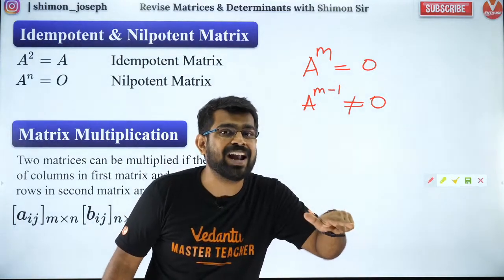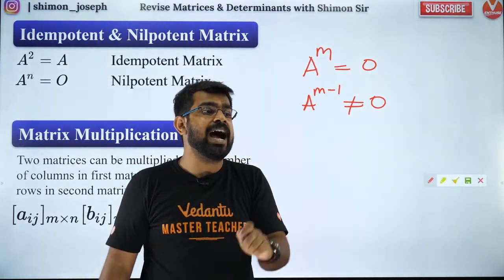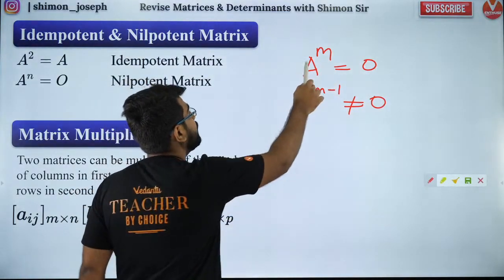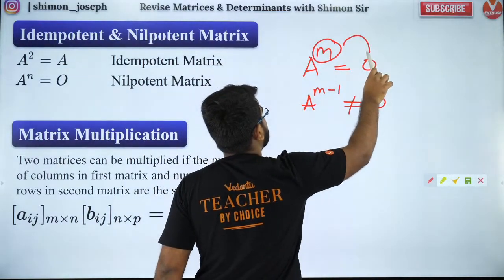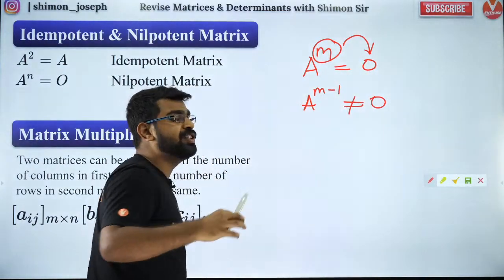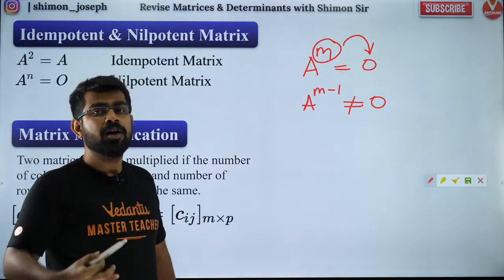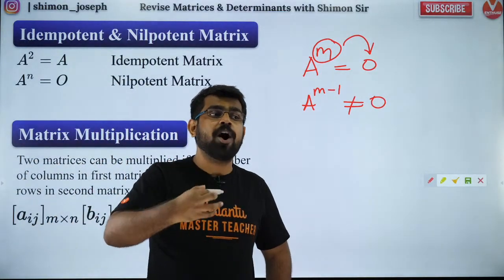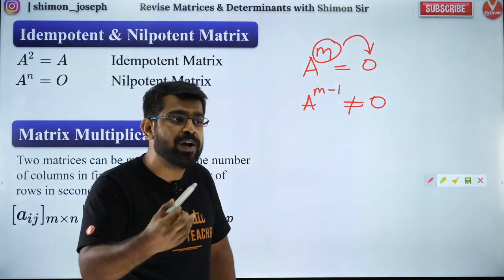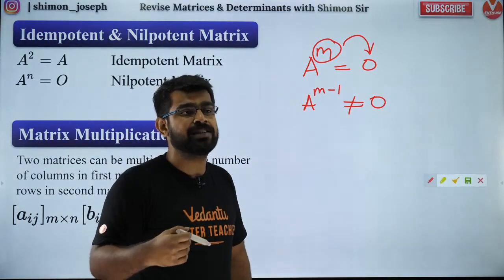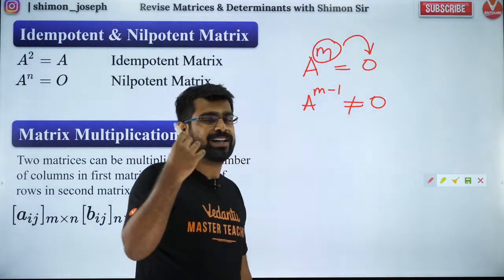That is what we call a nilpotent matrix. And the value of M for which it first becomes equal to 0 is called the order of nilpotency.